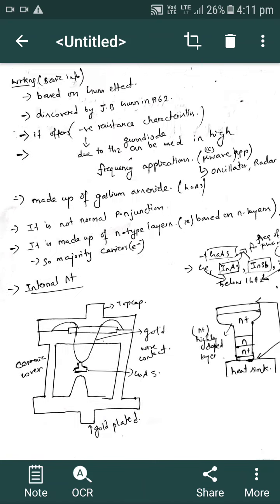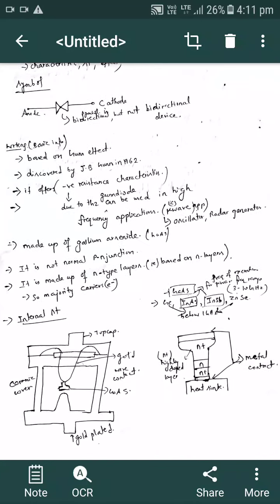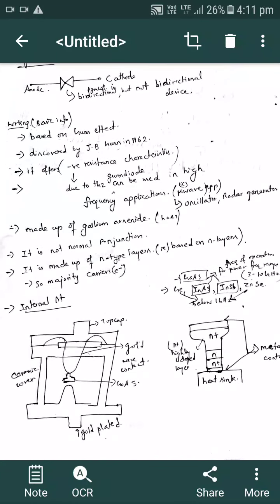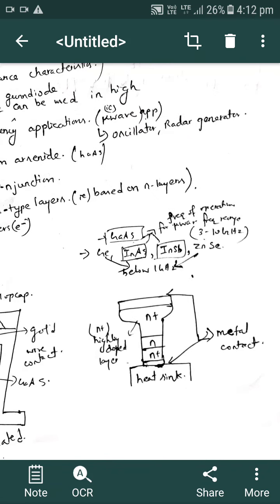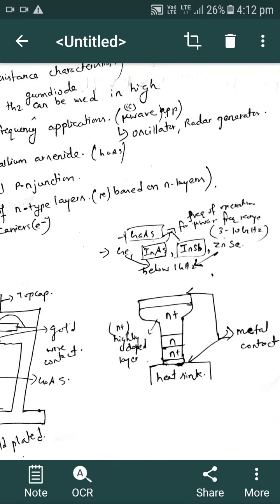When you see the internal structure of the Gunn diode, we have the outer ceramic cover and the gold plated wire, and the gallium arsenide. As I said before, it is made up of gallium arsenide, and the layers are only n type layers. Here n plus indicates a highly doped layer.